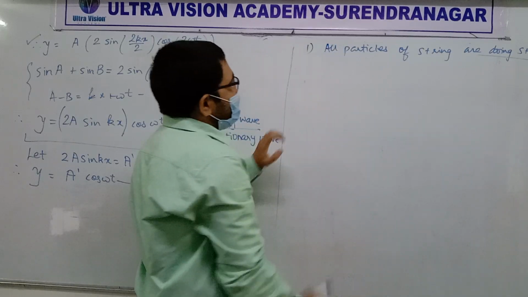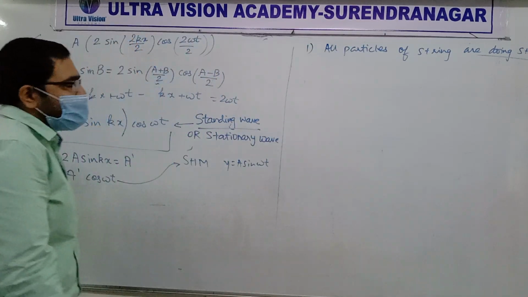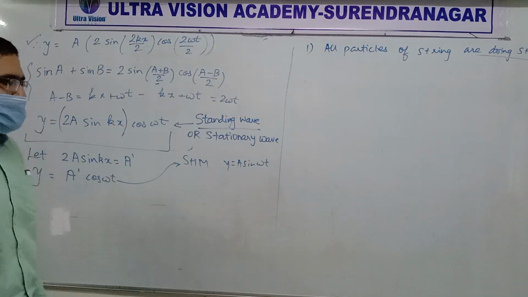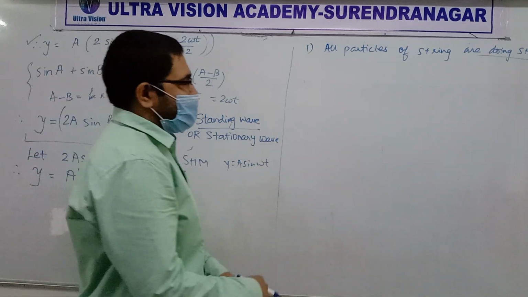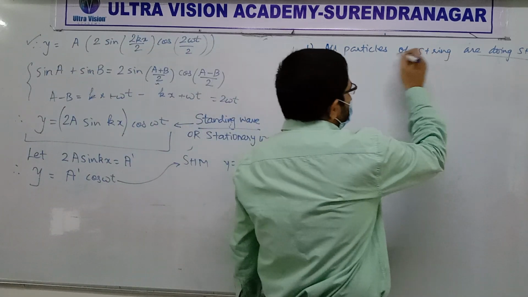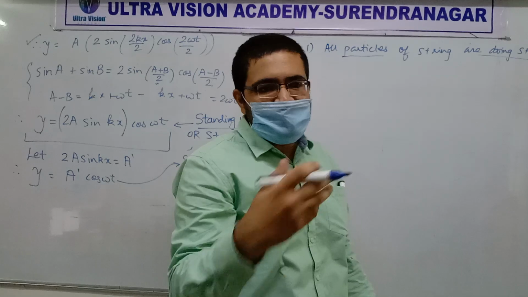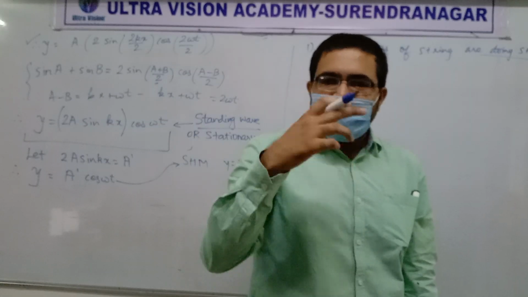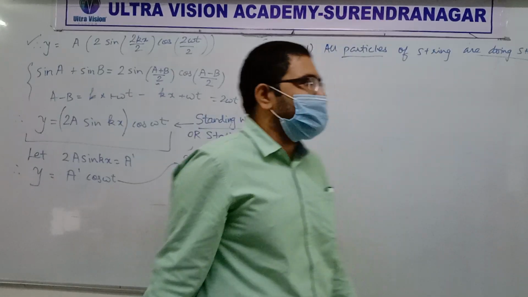So I was saying that all particles of string are doing SHM. That's not a surprise. Even in a traveling wave, hopefully you remember that all particles try to copy the source, and when they do that, they will oscillate, they will do SHM.